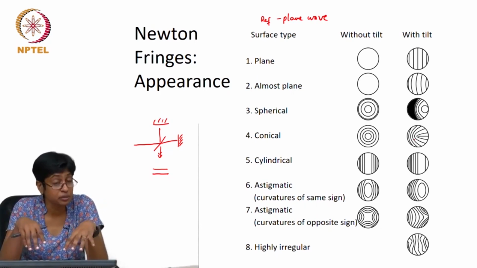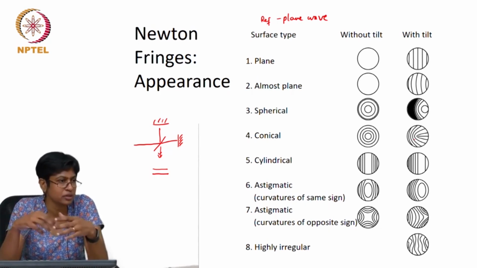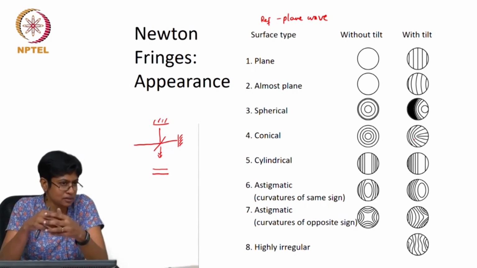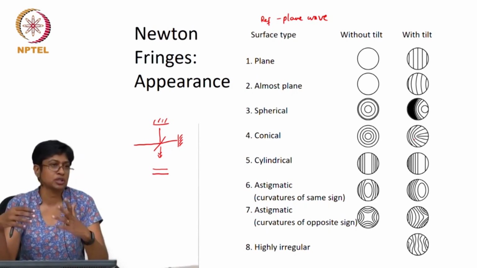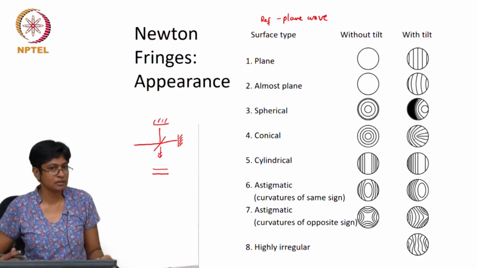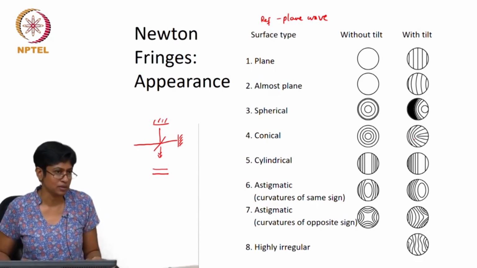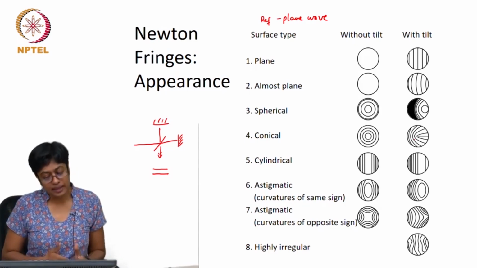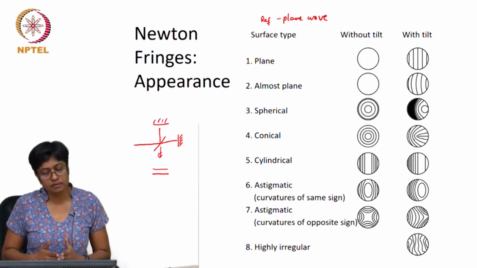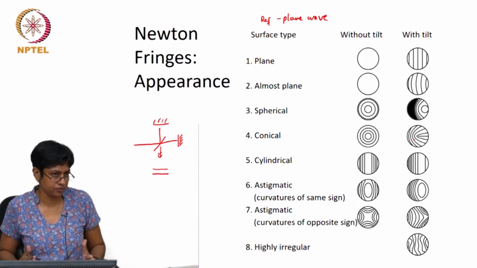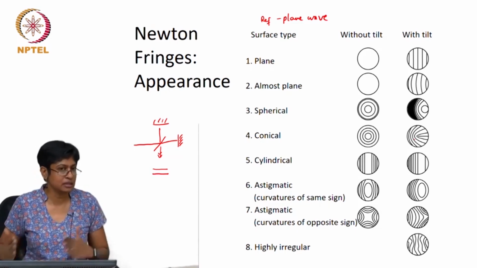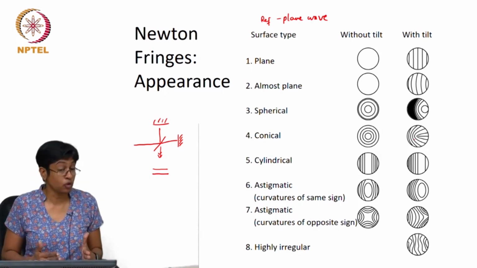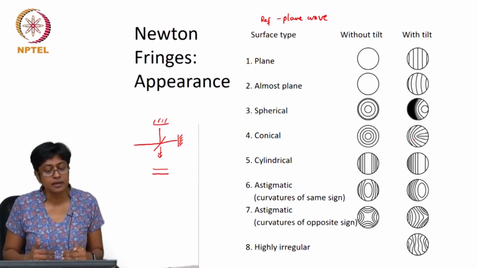So the Newton interferometer is a very powerful interferometer because it very quickly gives you information and there's no alignment needed. So early in an optical workshop, it would definitely be a tool that everyone would be using. Okay?